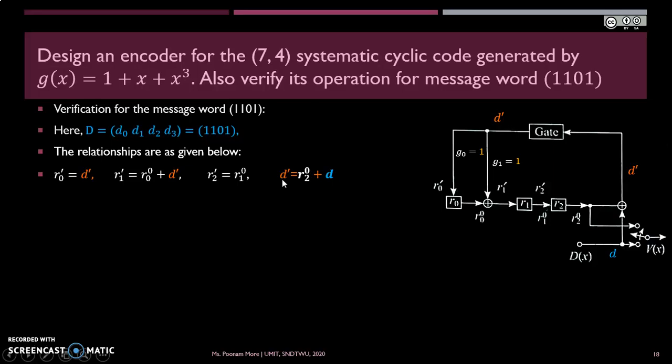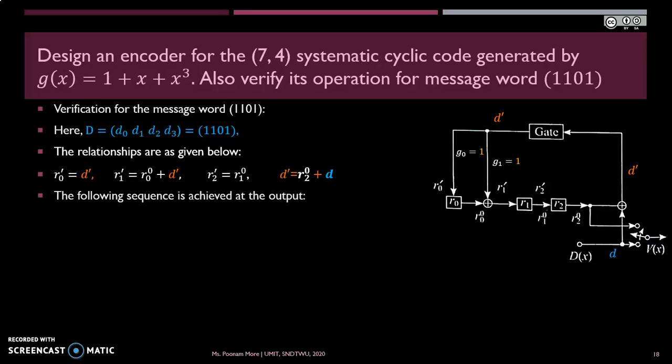And D dash is the modulo 2 summation of the output of the R2 register, that is R20, and our data bits or message bits. So D dash is equal to R20 plus D. Here plus, or the addition, represents modulo 2 addition.